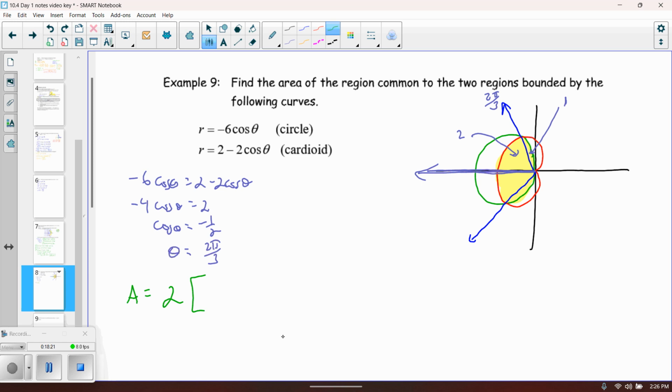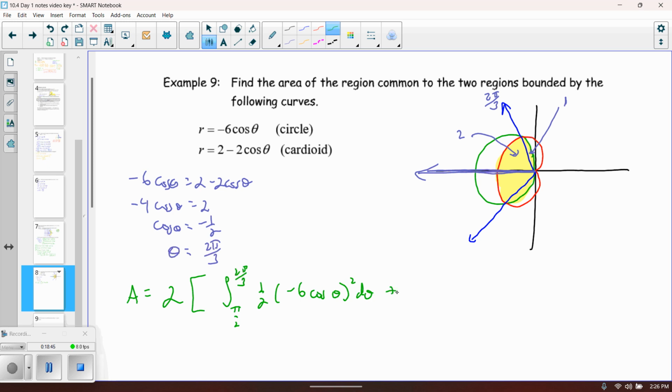All right, so the area of the first region is going to be between pi halves and 2 pi thirds, 1/2, and that's the circular part, so that's going to be -6 cosine of theta squared d theta.